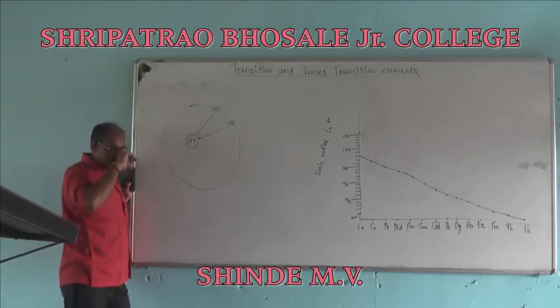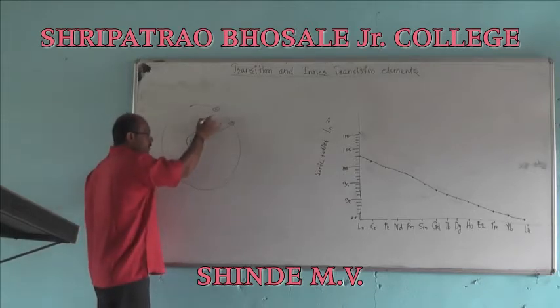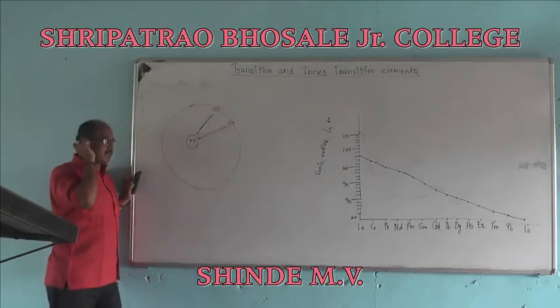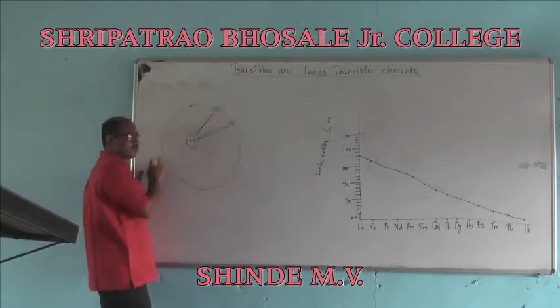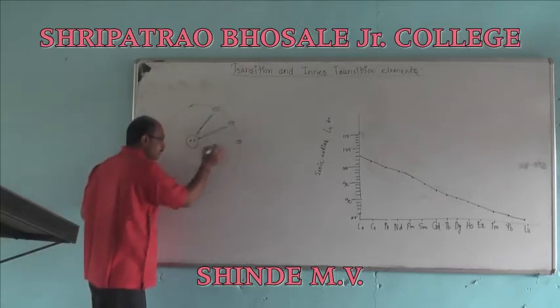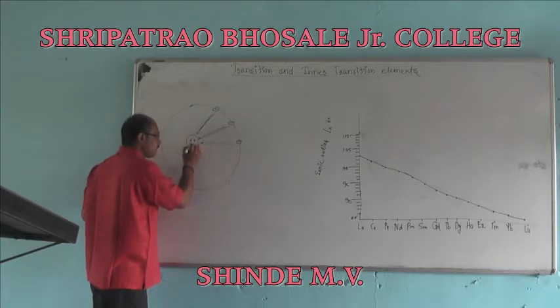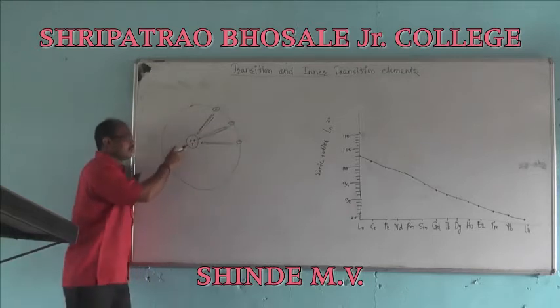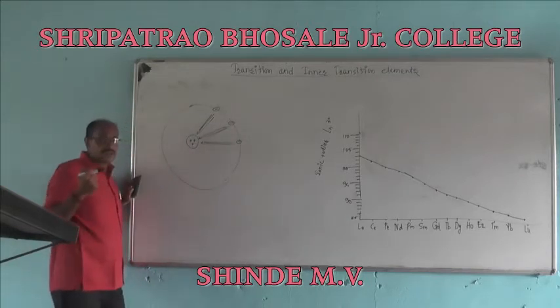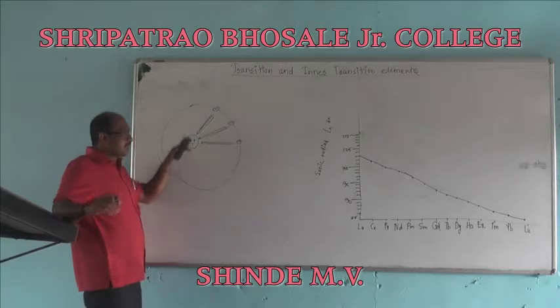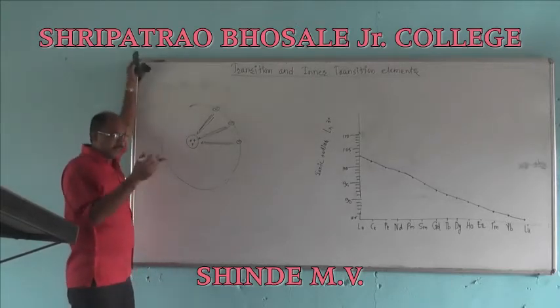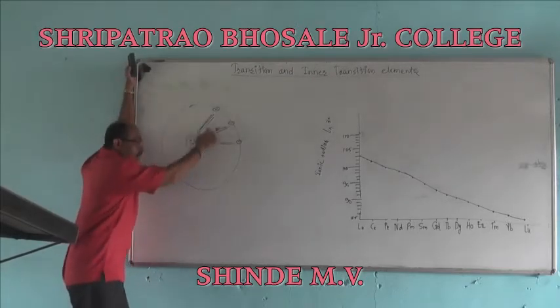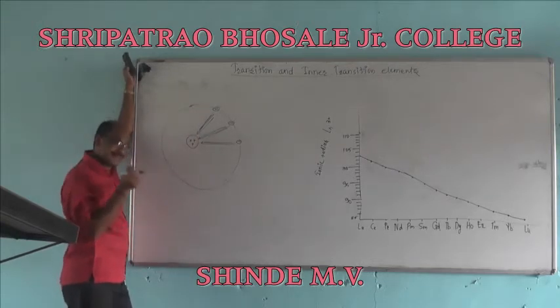As the charge increases, the attraction of the nucleus towards the electrons increases. As electrons are attracted towards the nucleus, the size goes on decreasing.